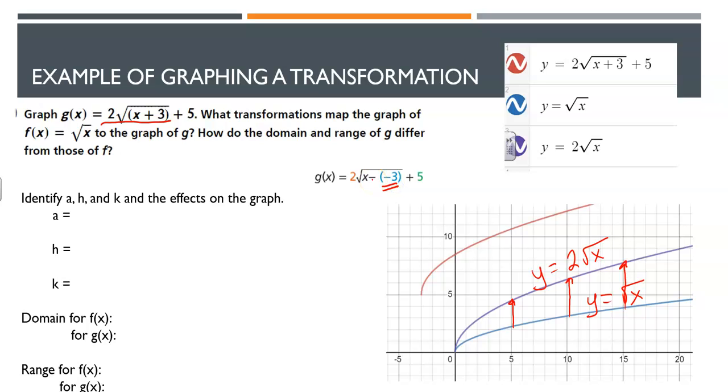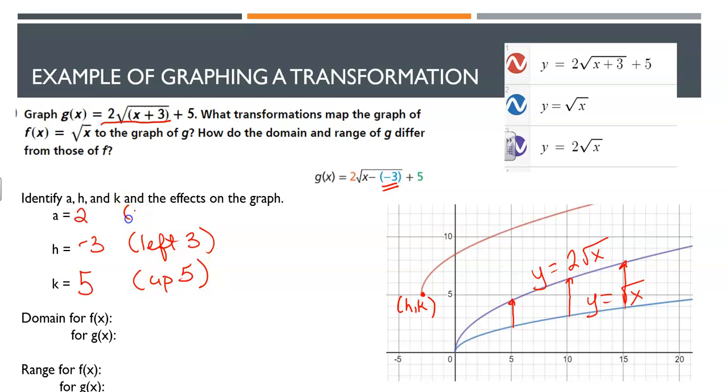Now, because of that 3 and 5, plus 3 is like a -3, right? So -3, 5 would be this point right here. That's my h, k. So a is 2, h is -3, and k is 5. So this means left 3, and this is up 5.